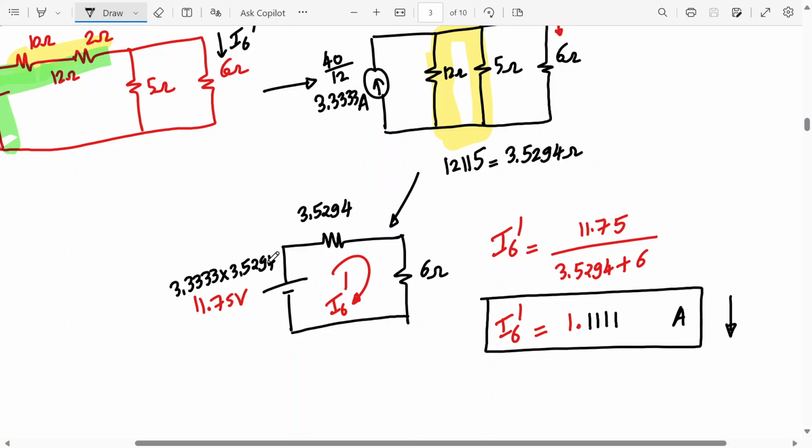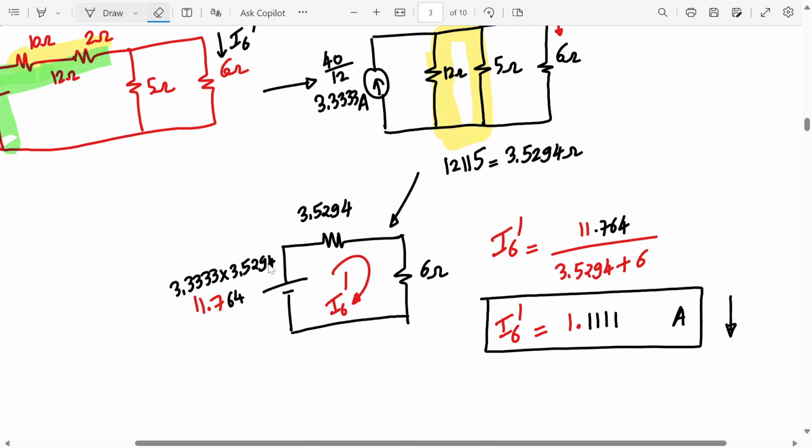3 digits. Okay, if I take 4 digits, let me check what is the answer. For a value less than 10, you take up to 4 digits. 3.3333 into 3.5294. 0.76 you consider, right? Accurately you take it. 1.24 yeah. Fine. 11.764. Okay. So 11.764.